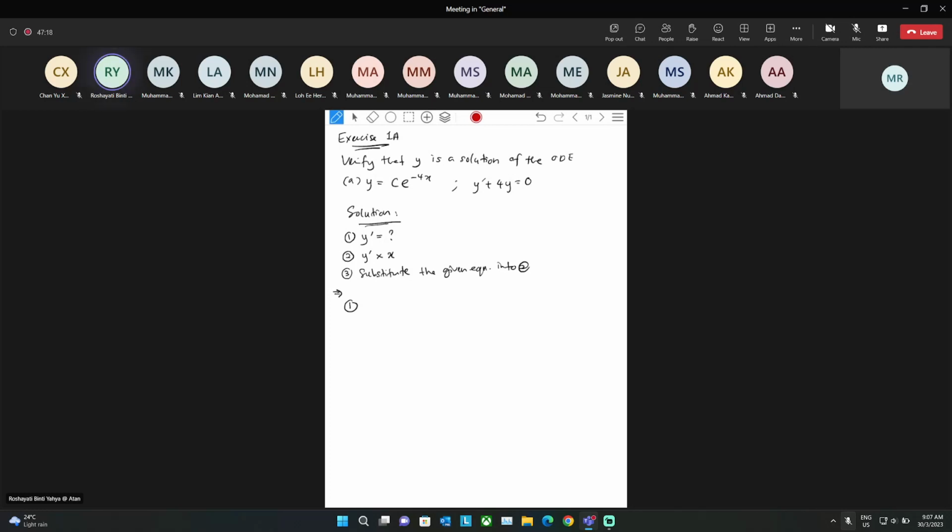You have y equal to Ce to the power of negative 4x. So y prime, what do you get? How to differentiate this? This is an exponential function, so you write it back as exponential negative 4x. After that, you multiply with the differentiation of the exponent, which is negative 4. So y prime equal to negative 4C exponential negative 4x.